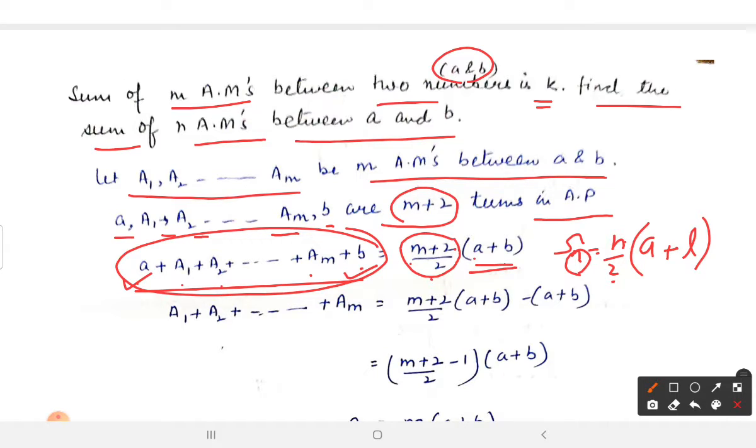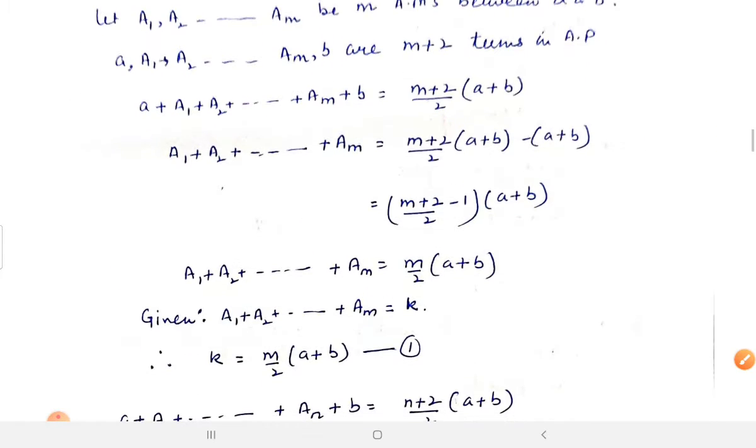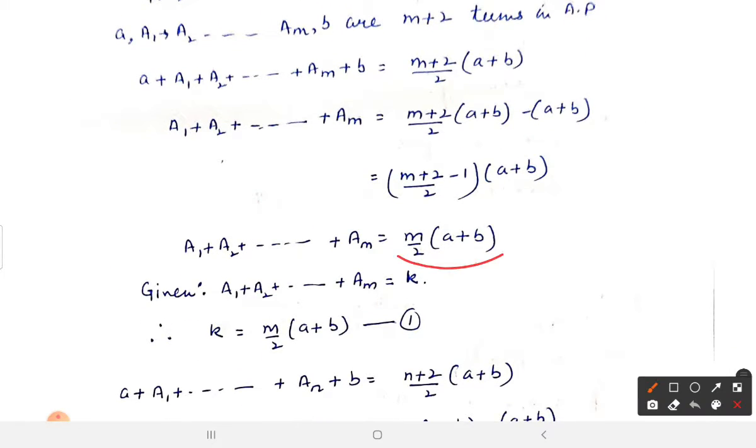Now taking A + B as common factor, we have ((m + 2)/2 - 1)(A + B). So what we have is (m/2)(A + B). If we take m outside, we have (A + B)/2, which is the arithmetic mean between the two numbers.